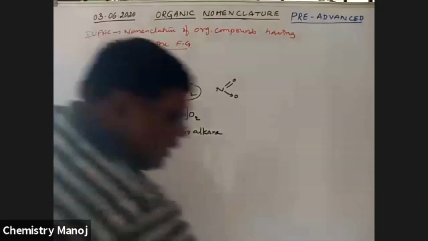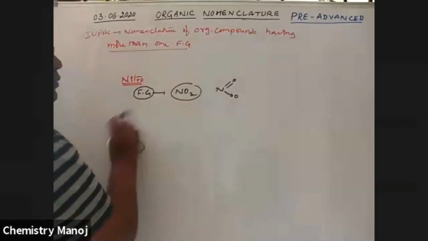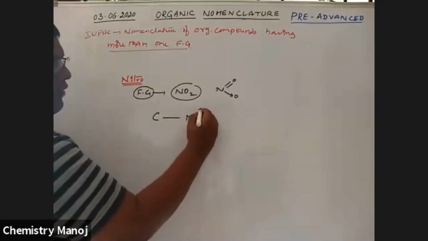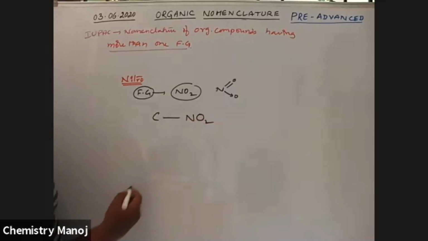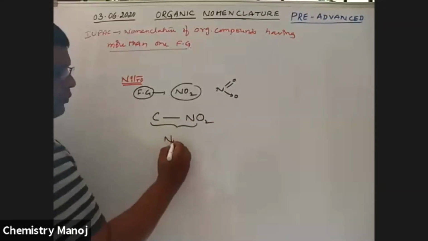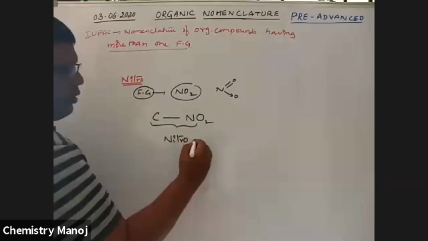If carbon is connected with the nitrogen of NO2, this class of compounds is taken as nitroalkanes.